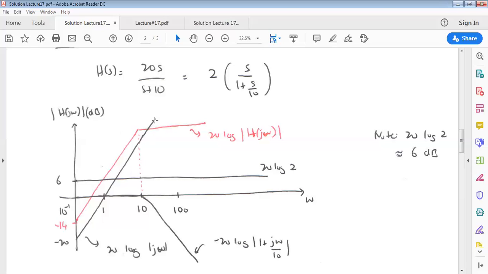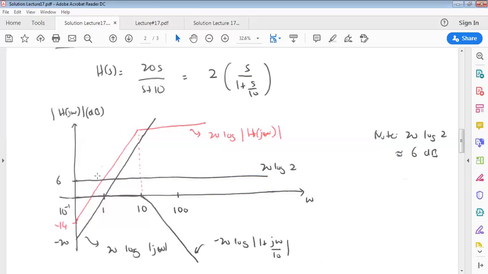The first slope is positive 20 dB per decade, and the second slope is negative 20 dB per decade. When we combine these two slopes, we have a net slope of 0 dB per decade, and that's why we have a constant amplitude here. So that should be the final plot. The red line here is your final plot for the given transfer function.